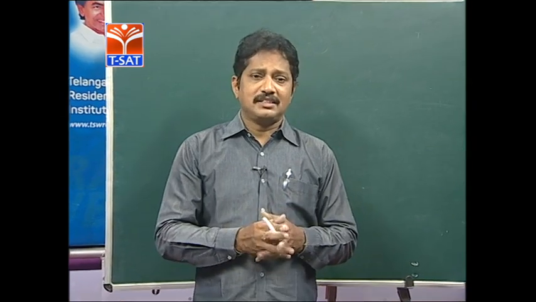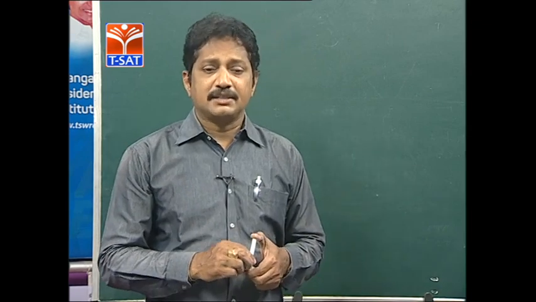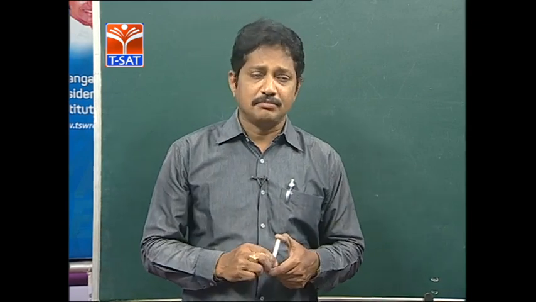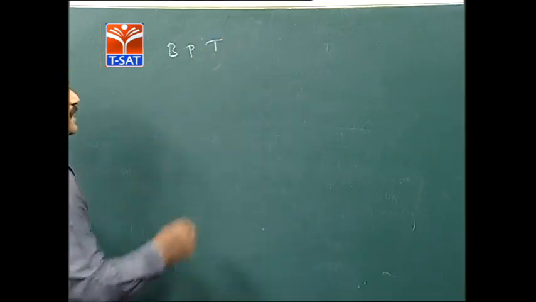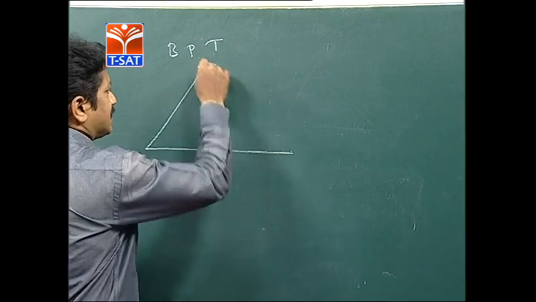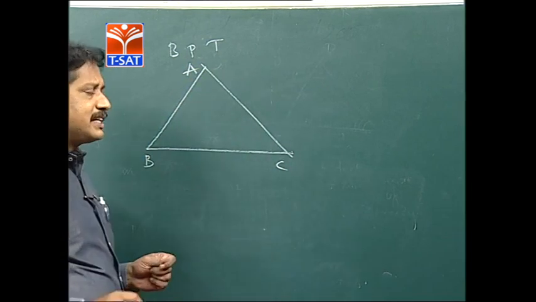Okay, now coming to the theorems based on this statement, one is called the basic proportionality theorem, BPT. It is also called Thales theorem. ABC is the triangle.